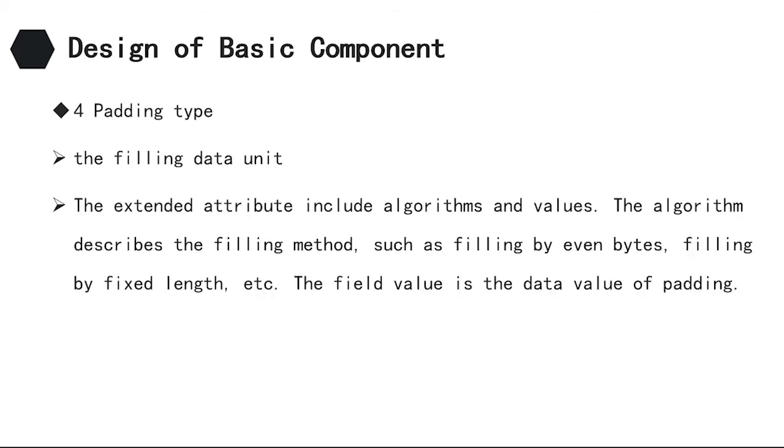Padding type is a filling data unit. The extended attributes include algorithm and values. The algorithm describes the filling method, such as filling by even bytes, filling by fixed length, and so on. The field value is the data value of padding.